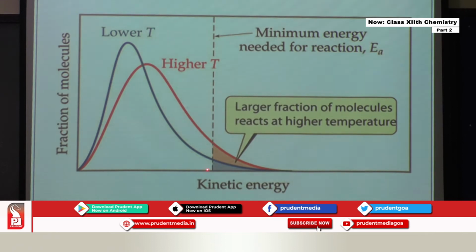The blue portion of the graph here represents molecules which have energy greater than the activation energy, while the red portion shows that at higher temperatures the number of molecules having energy greater than the activation energy is higher compared to lower temperatures.